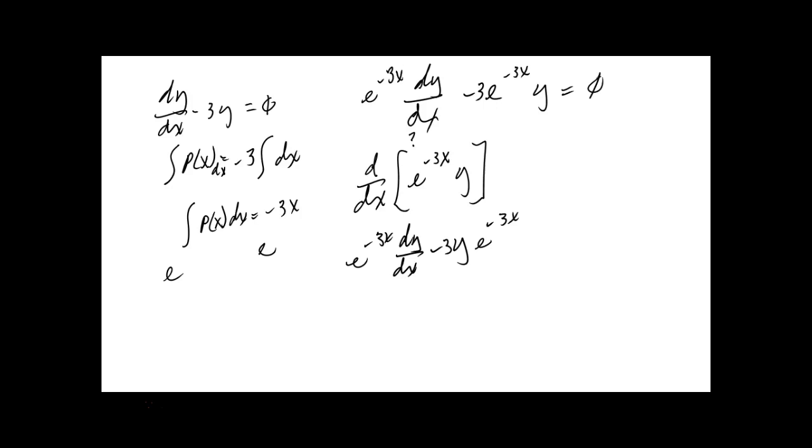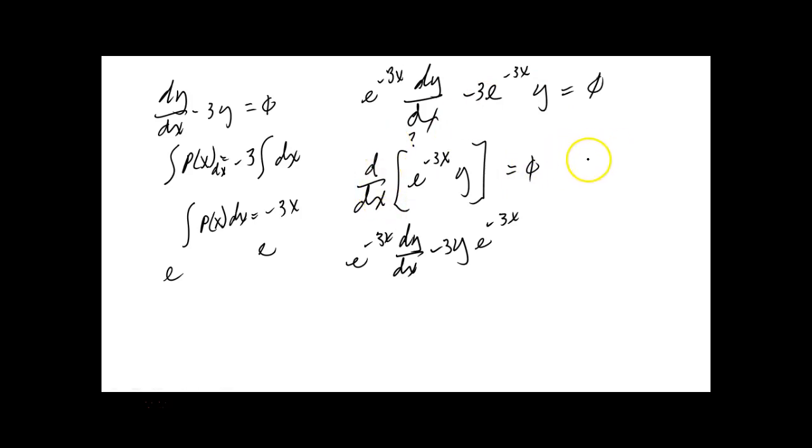Okay. So if this is a perfect derivative, that thing up there is a perfect derivative, what we can do is write it this way, and this is equal to 0, by the way.